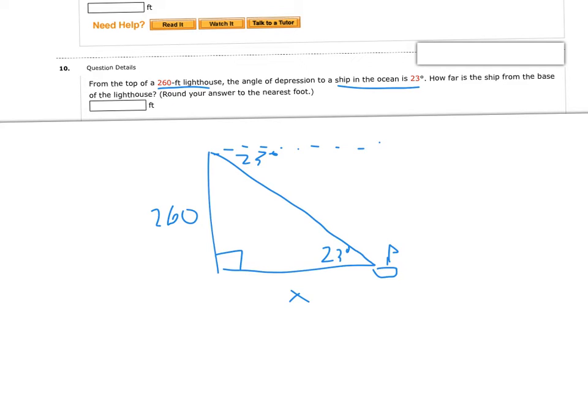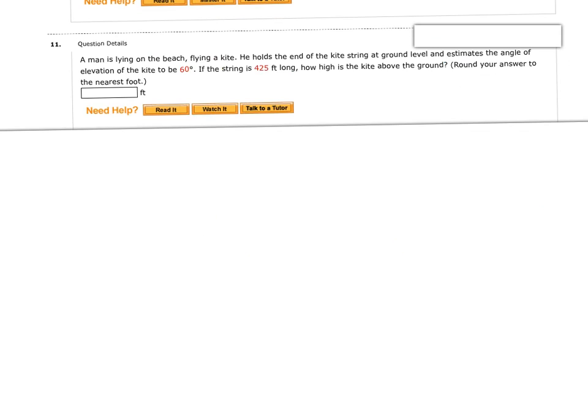It's because of those alternate interior angles that you may remember from geometry, but if you just logic it out here, we know that we can subtract that from 90 and know that this one is 67. And so to make the 180 degrees in a triangle, this one must be 23 anyway. So then from there, a couple ways you can do it. I could do tan 23 equals 260 over x, or I could do tan 67 equals x over 260. Either way, you'll just solve it from there.